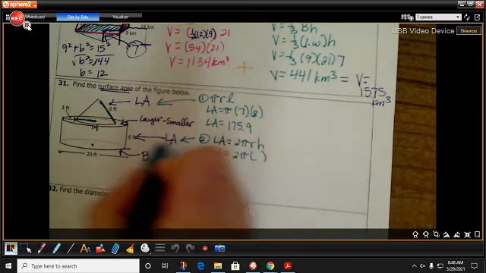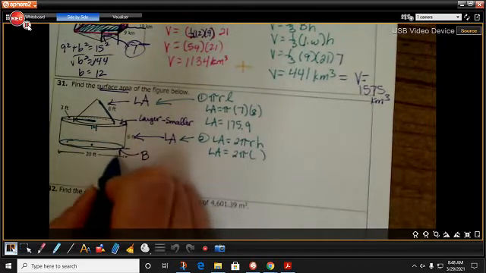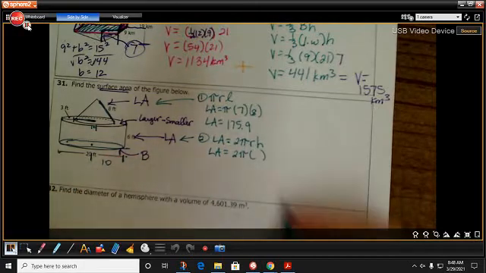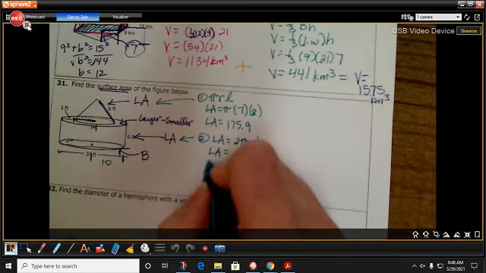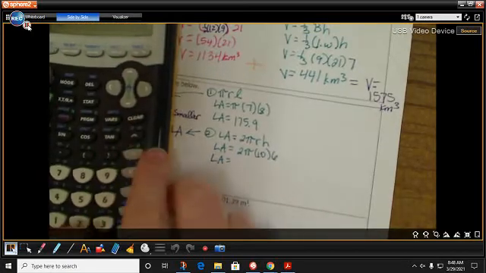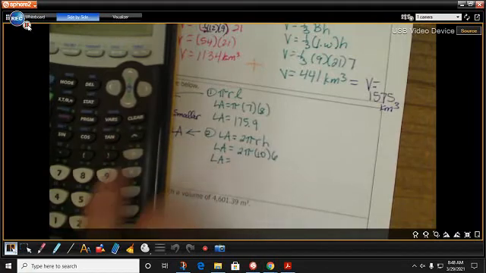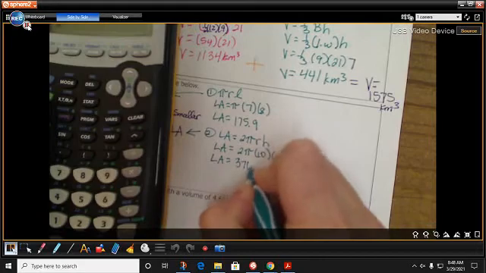Now I need the radius of the big circle for this cylinder. And so its radius is 10. So I'm going to use 10, and the height is 6. And so this lateral area comes out to be 2 times pi times 10 times 6, which is 376.99.